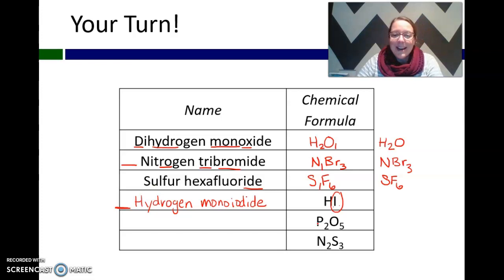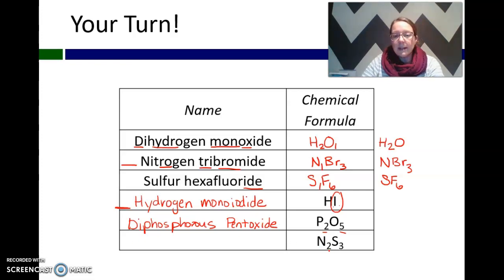Moving on, we have a phosphorus and an oxygen. Remember, if you don't know the names of those elements, look up the symbols on the front of your periodic table. So here we have prefix, there's 2 phosphoruses, so we have diphosphorus, that's a long one, and 5 is our prefix, meaning pentaoxide, diphosphorus pentoxide.